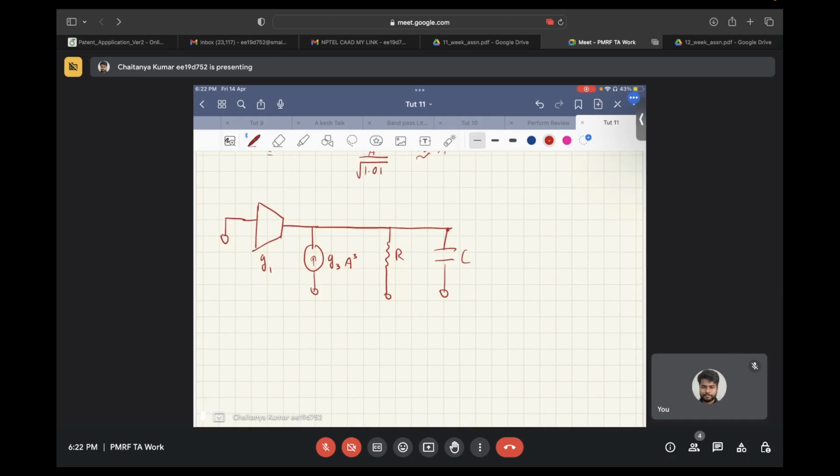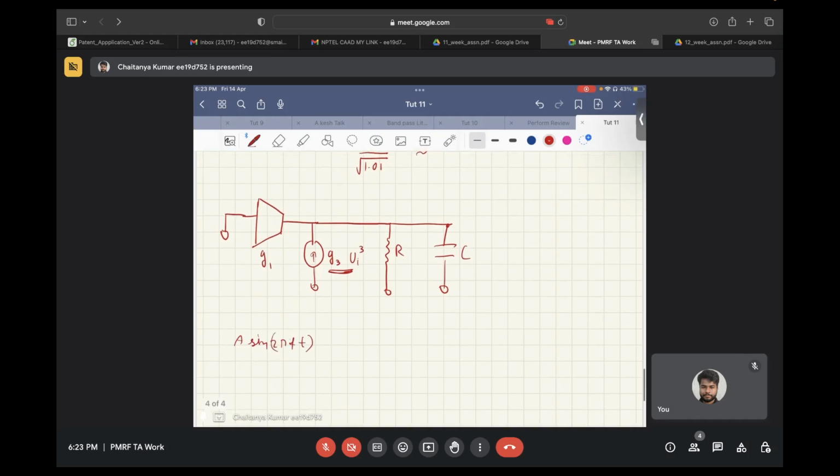So, what will G3 into A cube be? What will Vi cube contain? It was A sine 2 pi ft, the whole cube.